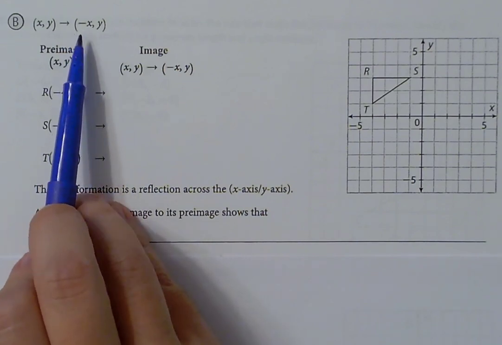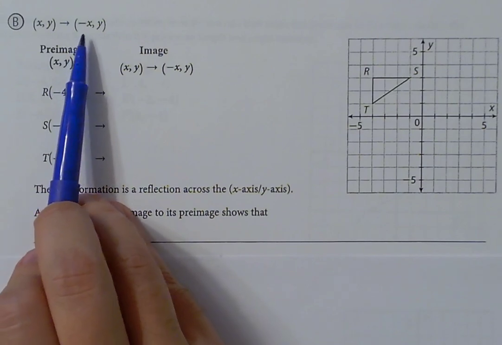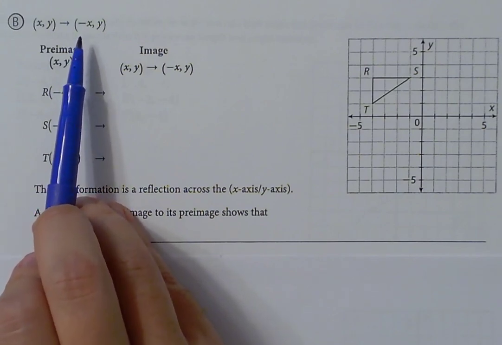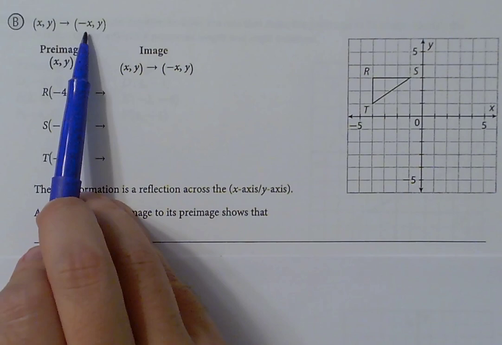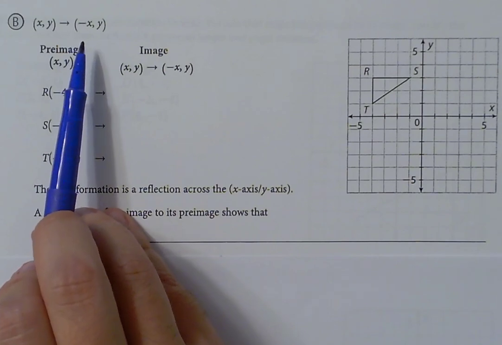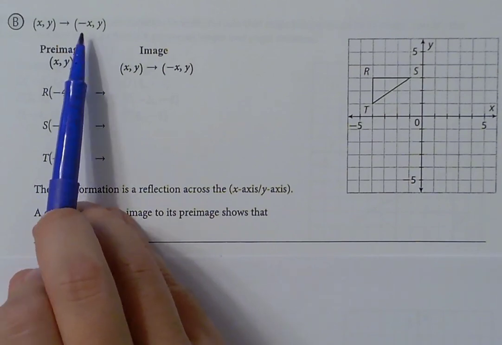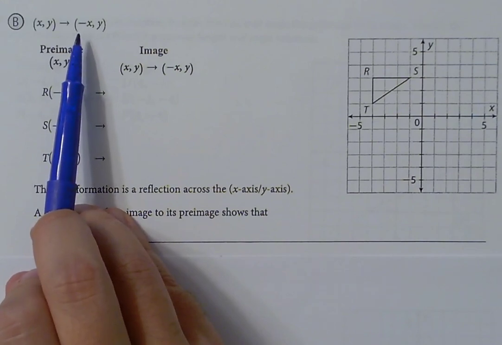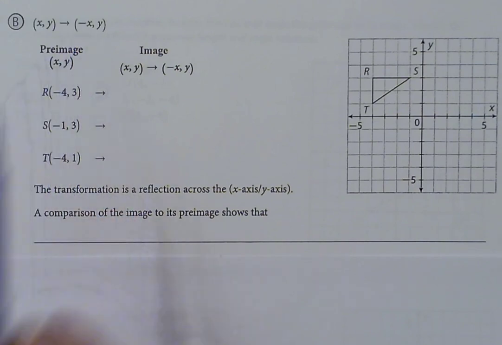When you have a negative x or a negative variable, and there's no number, in this case it's just negative x, that means you're going to take the sign on all the x values and change them. So if the x value is positive, it's now negative. If it's negative, it's now positive.